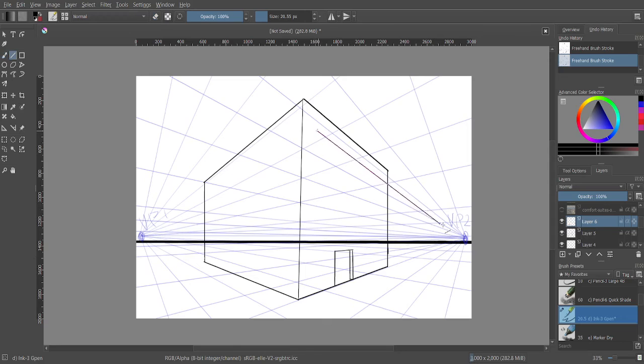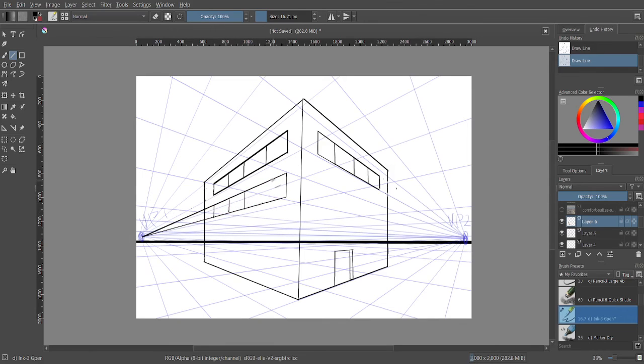And we have our windows here. And lastly, we will draw the roof.